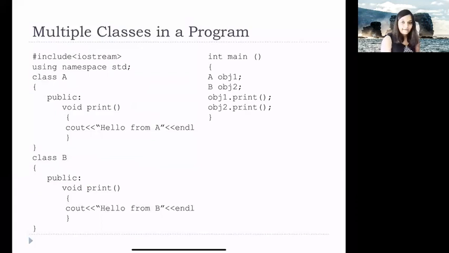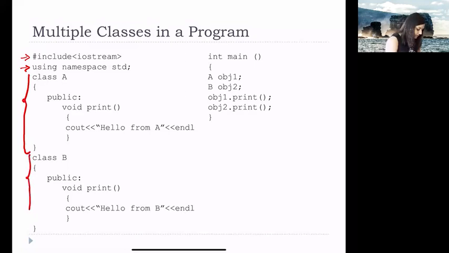So let's look at an example of a class. Here in this example, definitely you will have your libraries to include and your namespace; we are using the std namespace. As you see, we have two classes over here, class A and class B. Particularly, we are looking at concepts that deal with multiple classes in the same program.